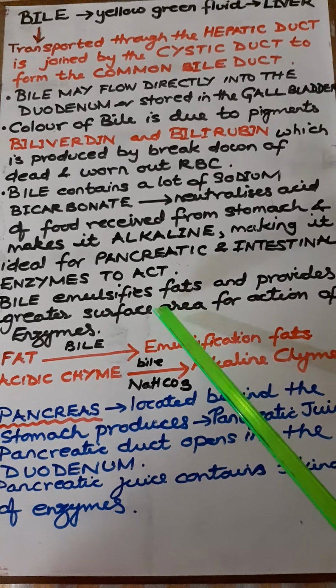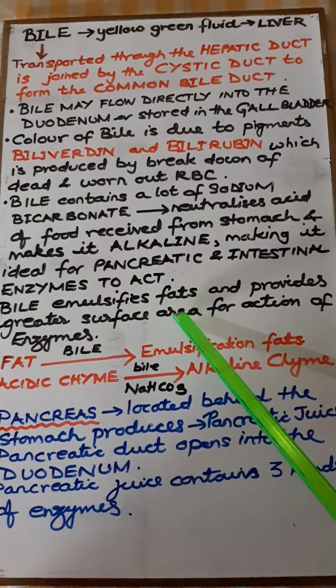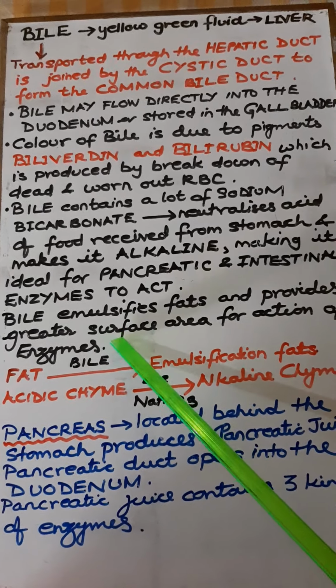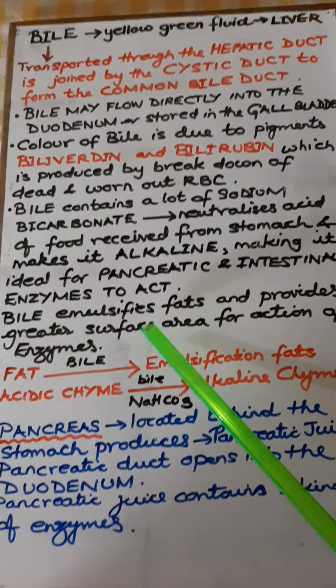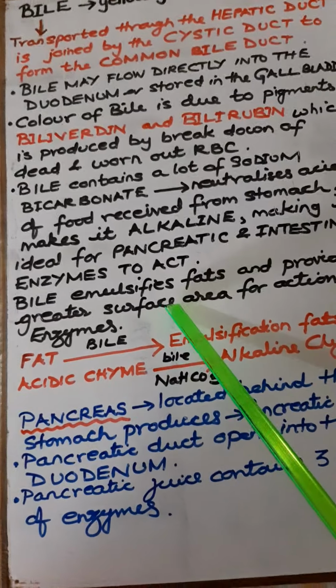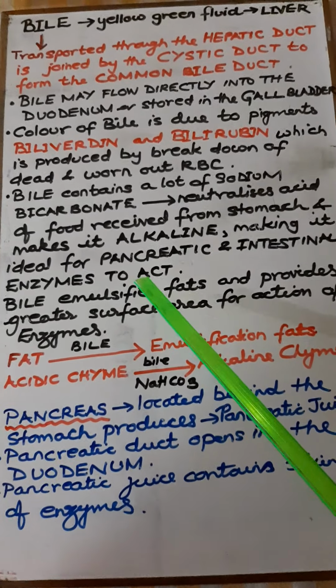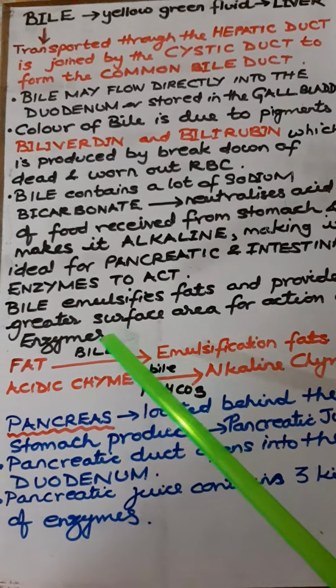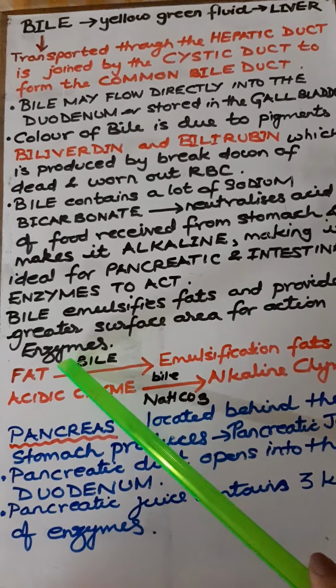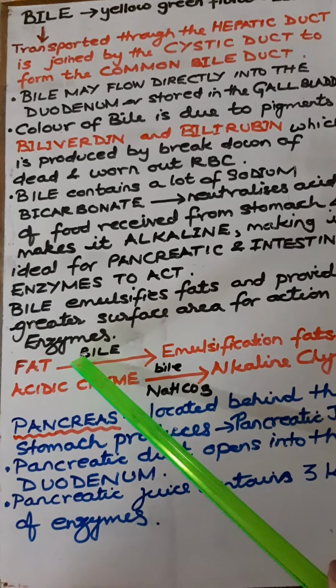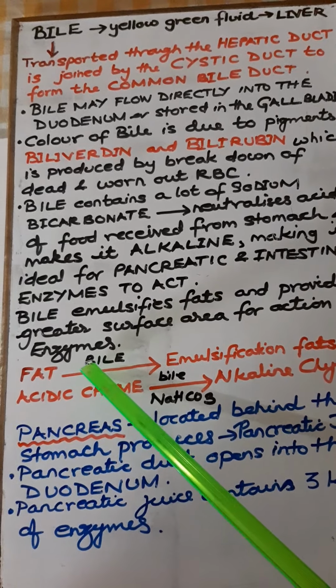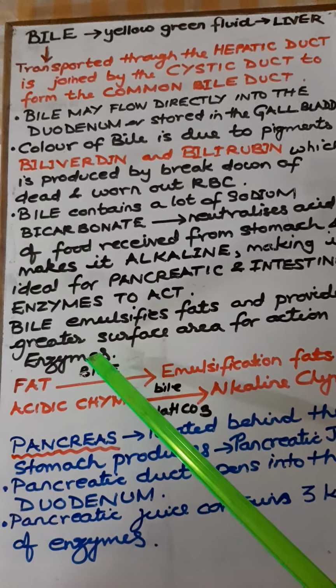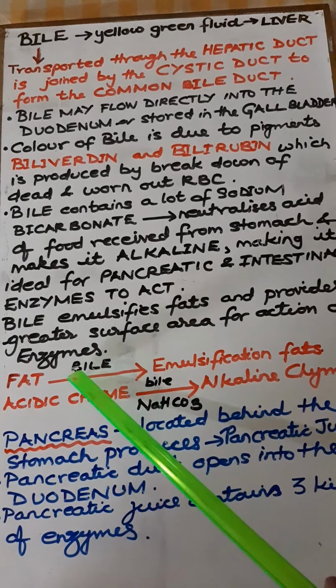Now, bile emulsifies fats and produces greater surface area for action of enzymes. So this is the next thing bile does. Emulsifies, meaning the big molecules of fats are broken down by bile. That is called emulsification.